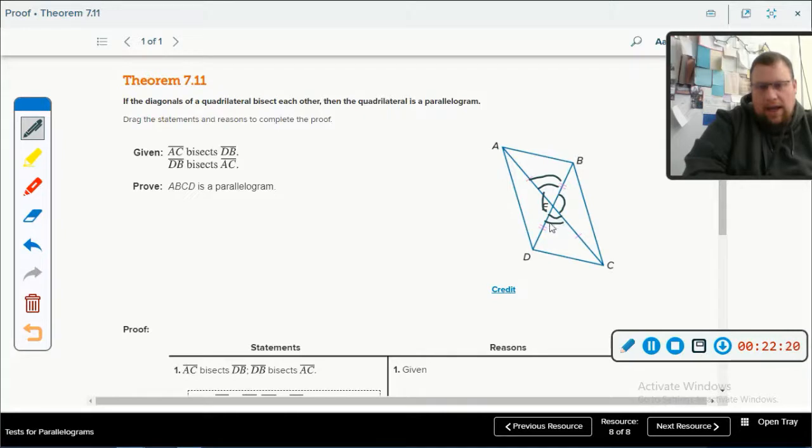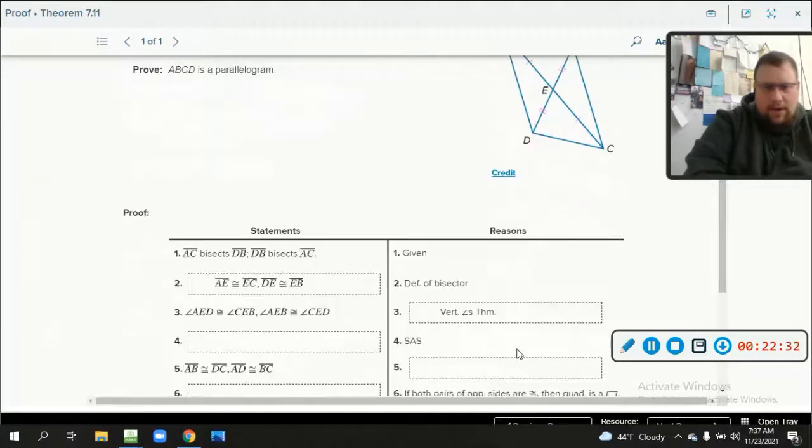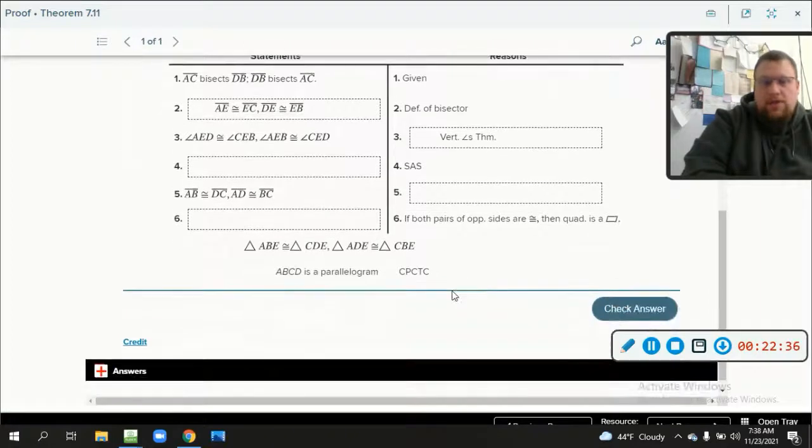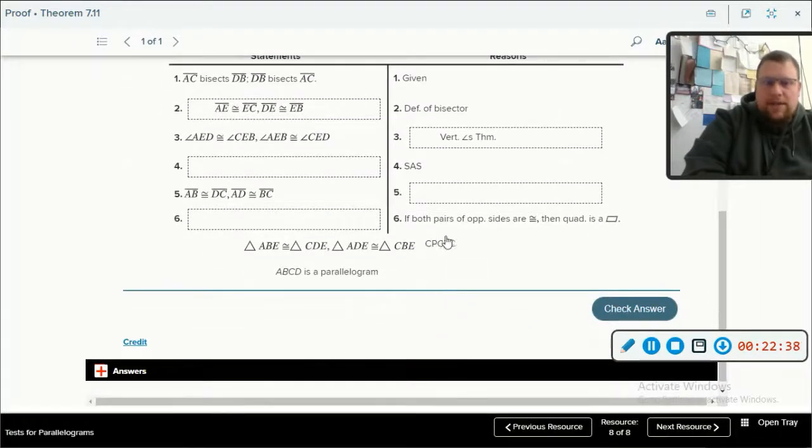Again, side, angle, side. I can use that and say, hey, these are congruent to each other. So now I know that this triangle is congruent to this triangle and this triangle is congruent to this triangle. Perfect. That's side, angle, side. And if that's true, here's a new deal for you guys.